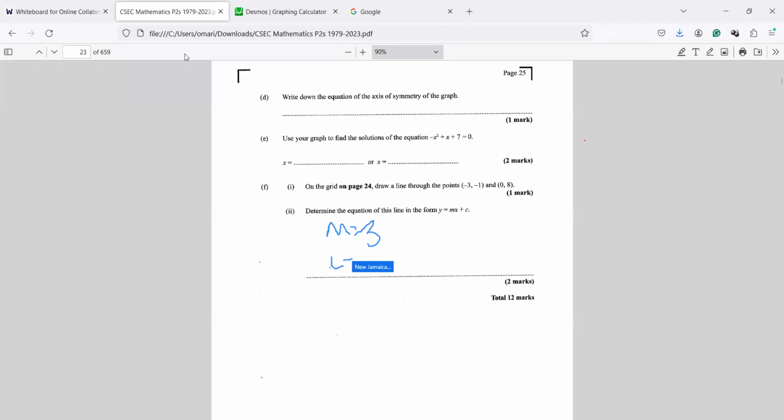So just for reference sake, I'm going to let you guys know that the formula for gradient is rise over run, or y2 minus y1 over x2 minus x1. So make a note of that, guys. As we said before, not all formulas are given. So please ensure that you know these formulas before the exam. You can always create a formula sheet and walk with it.